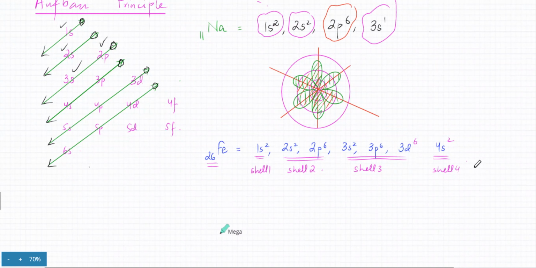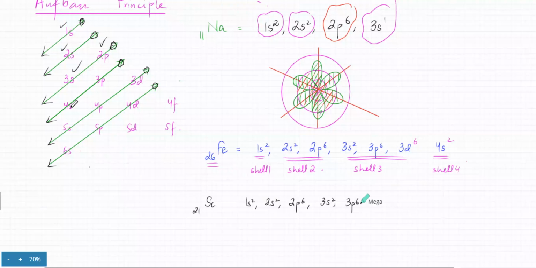Okay, let's quickly do scandium. Scandium has 21 electrons. So according to the table, the Aufbau principle, it's going to be 1s2, then 2s2, then 2p6. Okay, then it's going to be 3s2, then 3p6, and after 3p6, where were we? 3s2, then 3p6, then 4s is going to be filled.